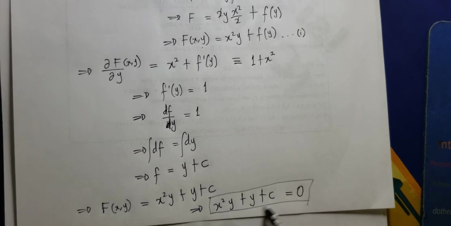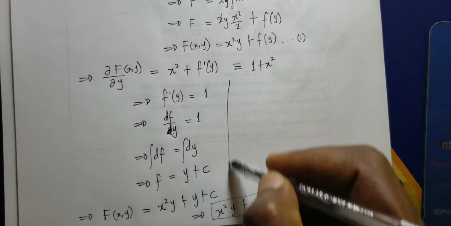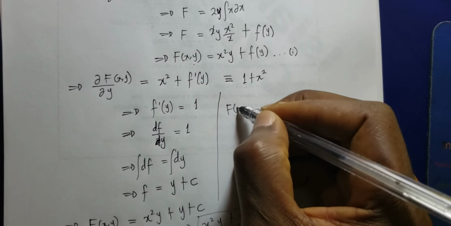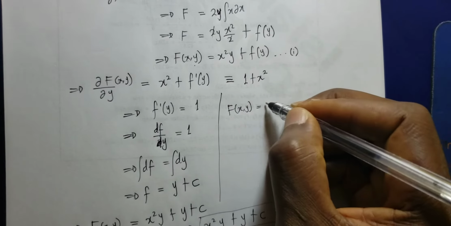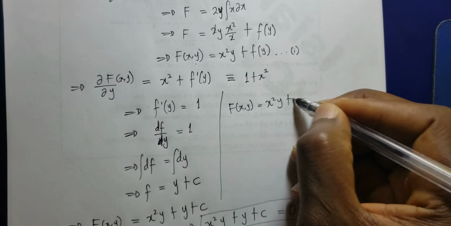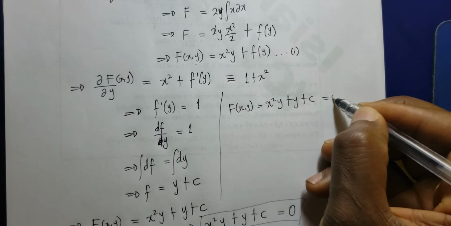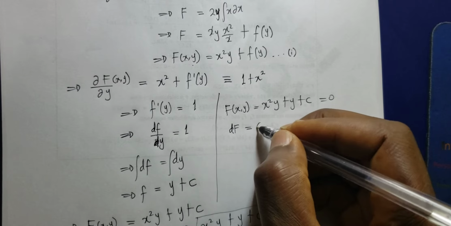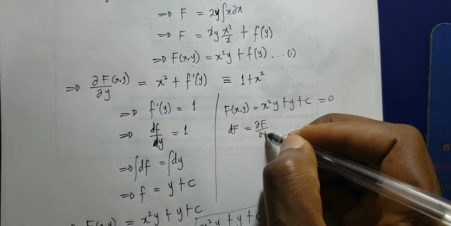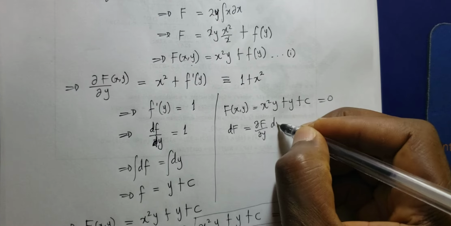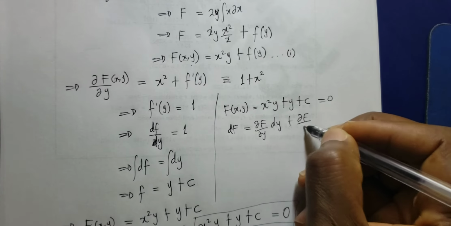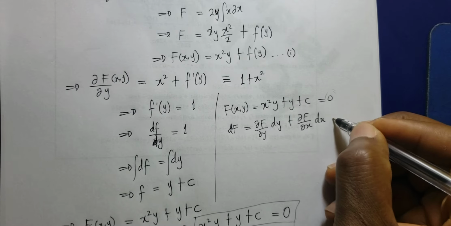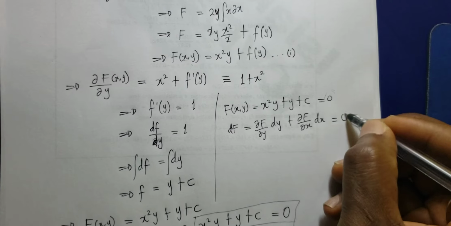Let f of x comma y be equal to x squared y plus c equals 0. The differential of this, df, will be equal to del f del y dy plus del f del x dx. And then the differential of this is 0.